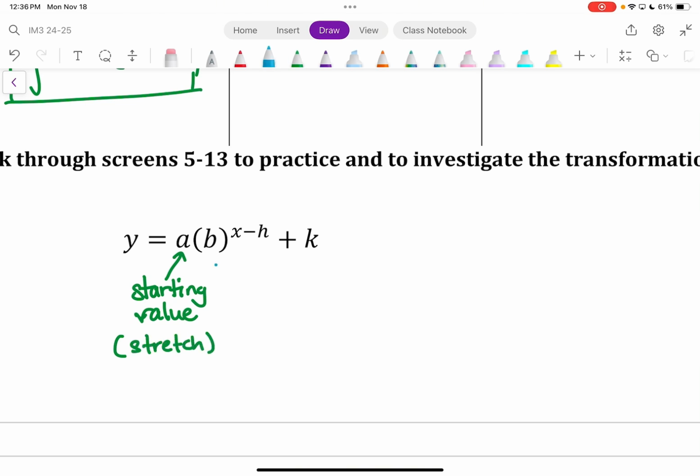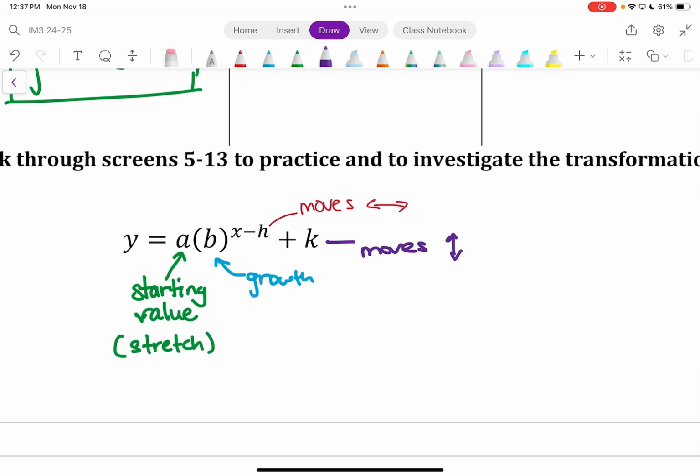Then we talked about b. b is your growth. h moves left and right. And finally, k moves your graph up and down.